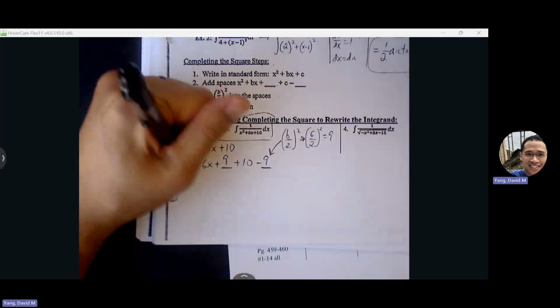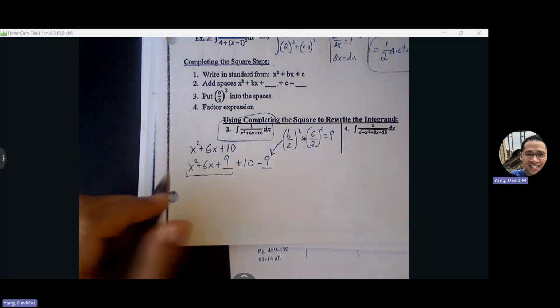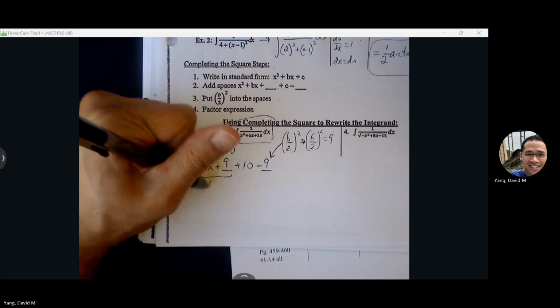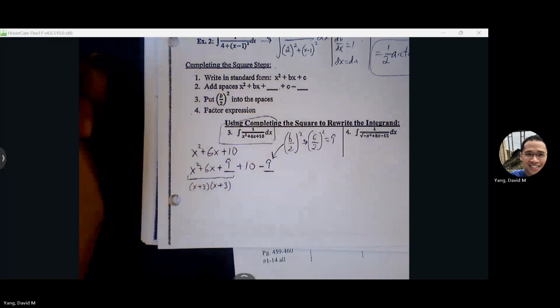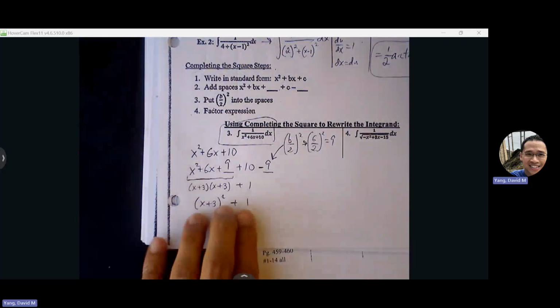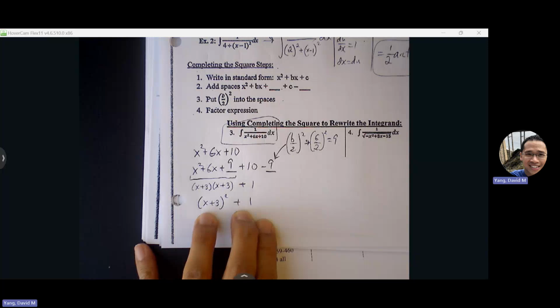Then you factor the trinomial. What multiplies to be 9 and adds to be 6? x plus 3, right? So if I clean this up, I get x plus 3 squared plus 1. And now we can cleanly see where our u and a values will be.